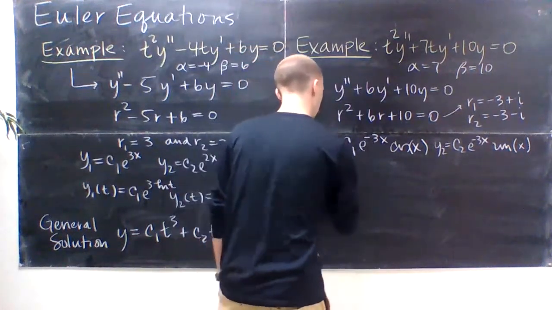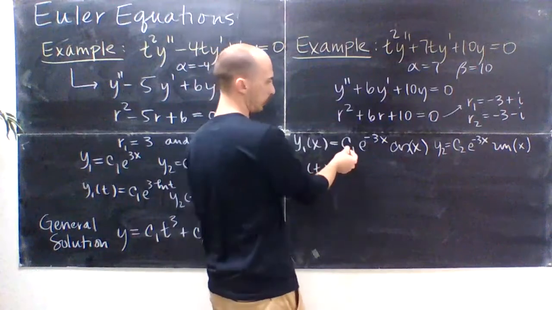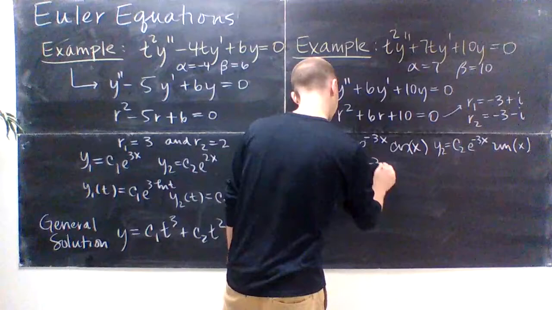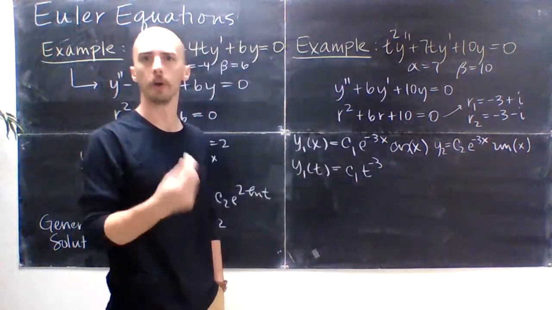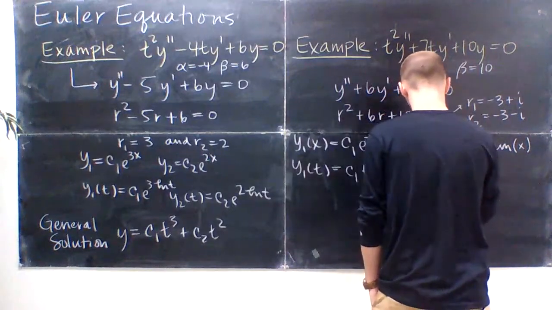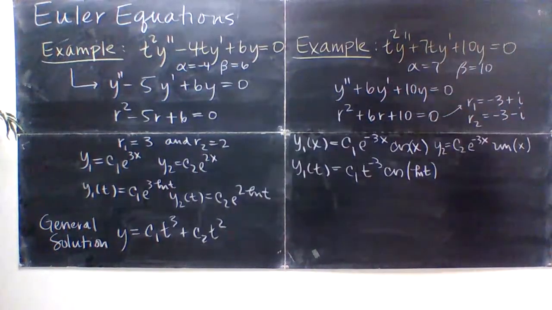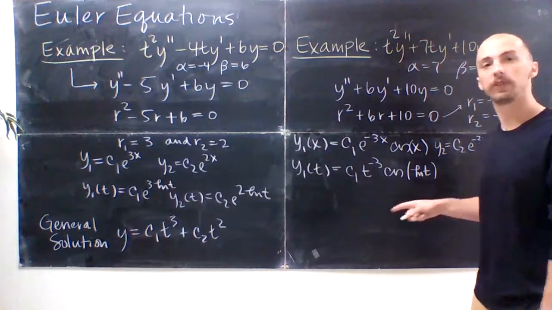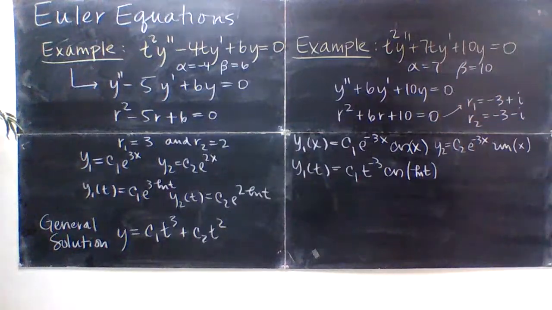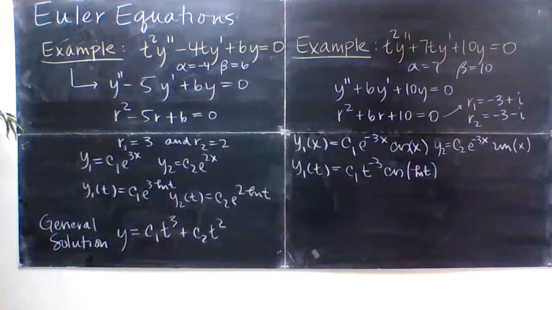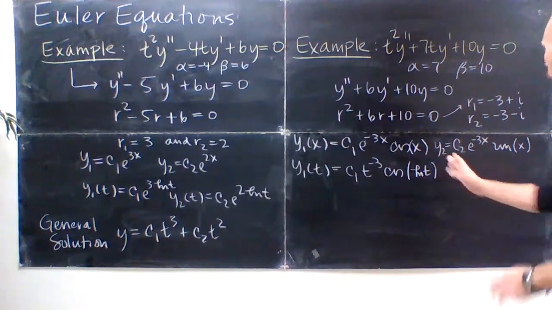So y1 of t is going to be c1 t to the negative 3 times the cosine of log of t. Well, that's an unusual function, kind of like the antiderivative of tangent, but that's not the case at all. That would need to be log of cosine, I think. But it's not, because this is the cosine of the log.